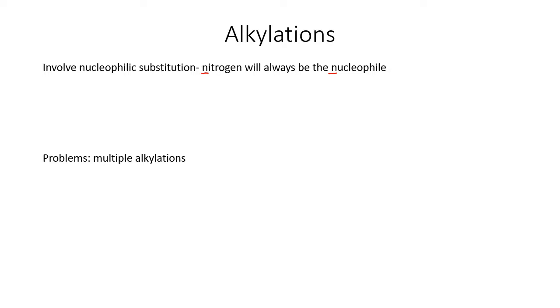So in this reaction, we can take an amine, such as ammonia, and put it in the presence of an alkyl halide. Now this is an SN2 mechanism that we've seen many times before, but we're going to have the nitrogen act as the nucleophile, attack the carbon containing the leaving group, and kick off the leaving group.